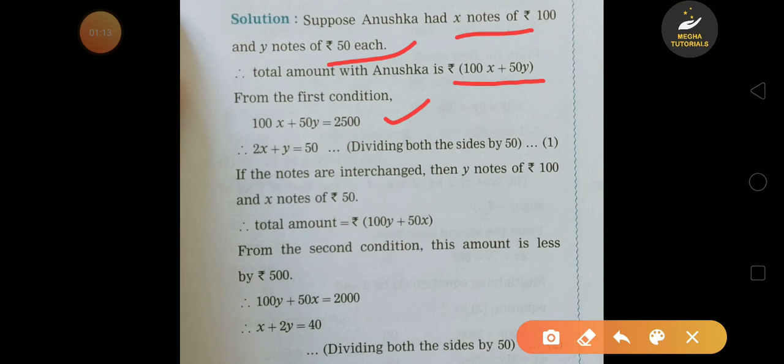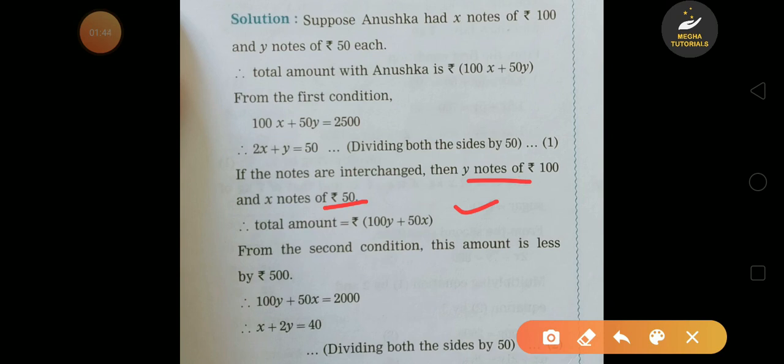You can divide this equation by 50, then we will get 2x plus y is equal to 50. We will consider this as equation 1. Now as per the second condition, if the notes are interchanged, then y notes of rupees 100 and x notes of rupees 50, so the total amount will be rupees 100y plus 50x.